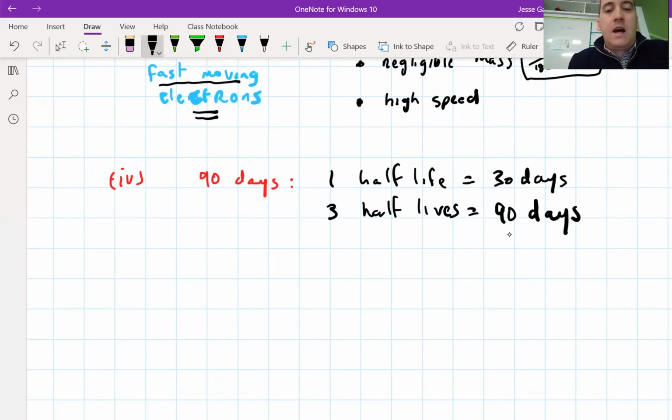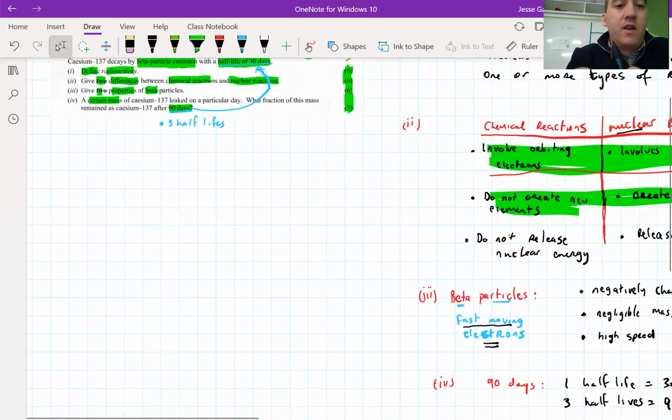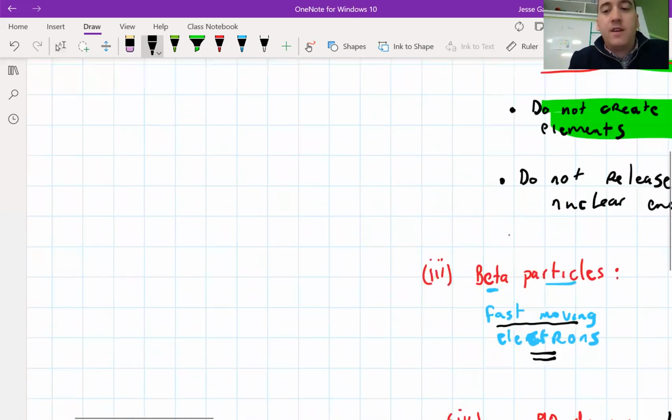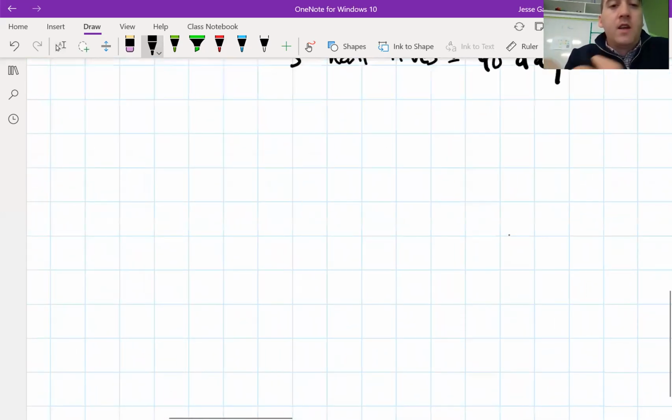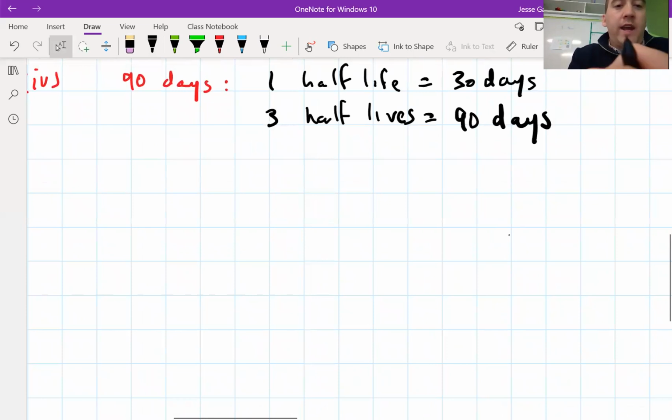Okay. All right. So we're saying a certain amount. We had a certain mass. Okay. So we don't know how much that is, but what we're asked is what fraction of this mass remained as cesium. Okay. So let's just say the mass was 1 kg. Doesn't really matter how much it was, but just say it was 1.